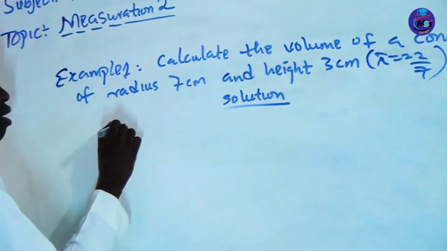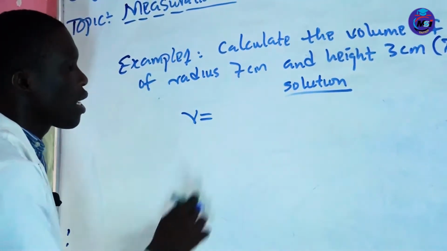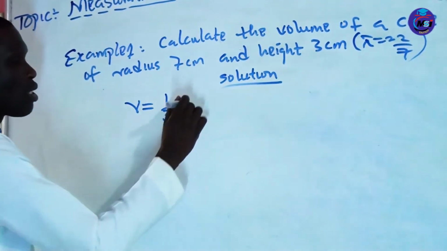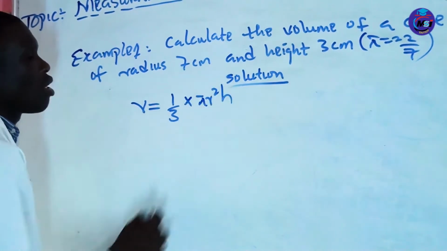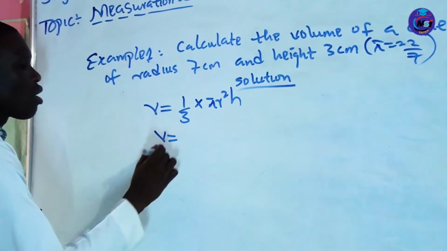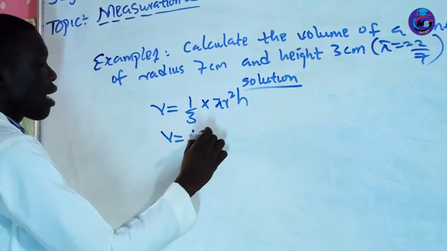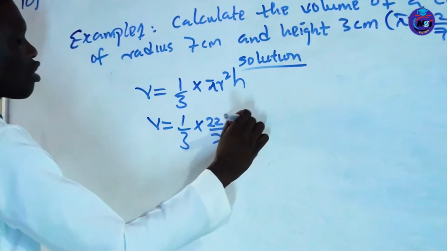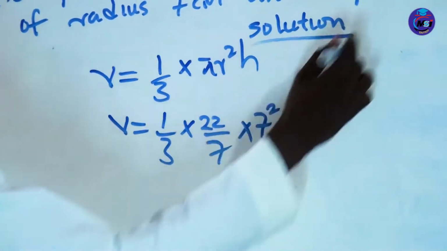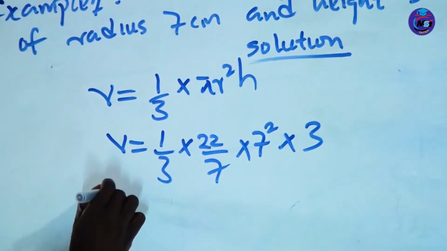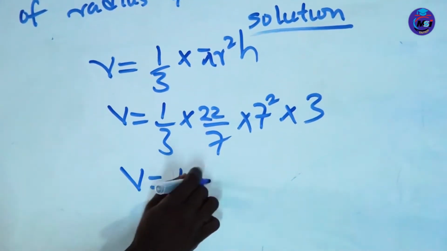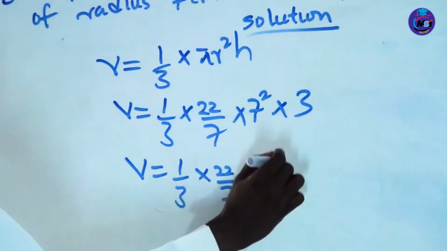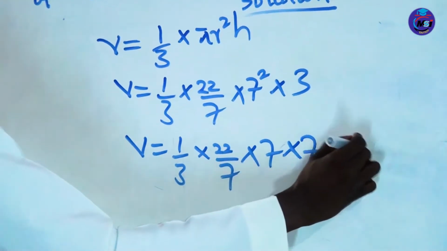Volume of a cone is 1/3 of volume of cylinder, which is pi r squared h. Now V will give us 1/3 times 22 all over 7, r is 7 squared, multiplied by h, which is 3. This will give us V equals 1/3 times 22 over 7 times 7 squared, meaning 7 times 7, then multiplied by 3.